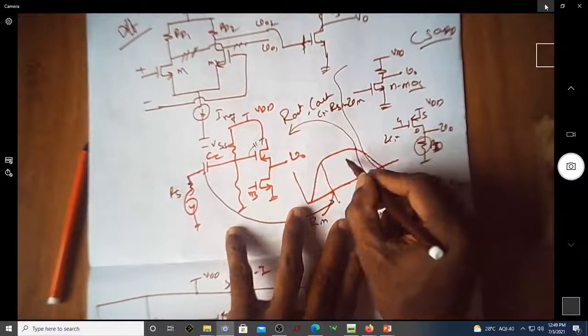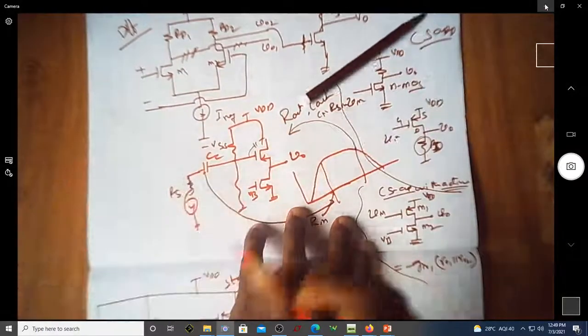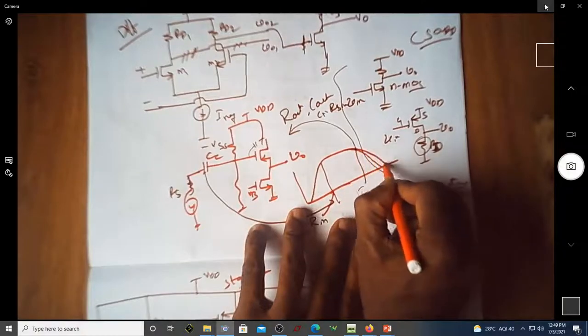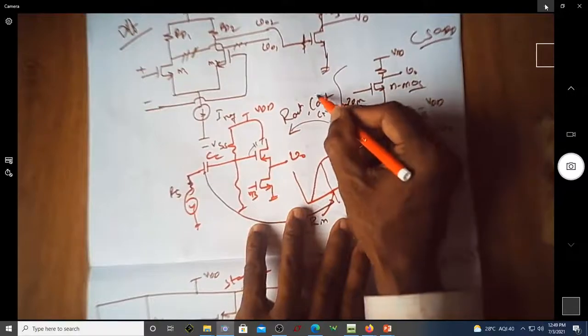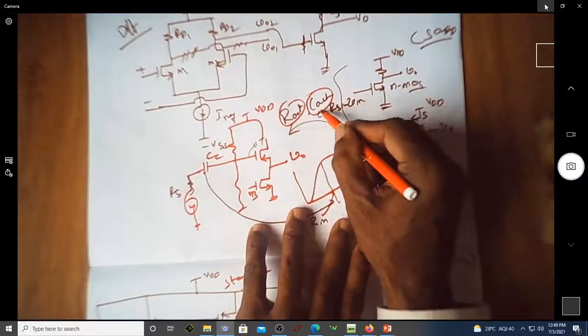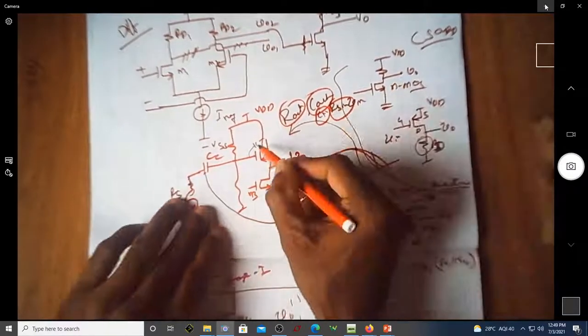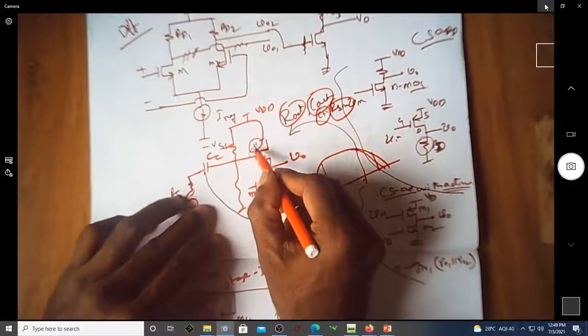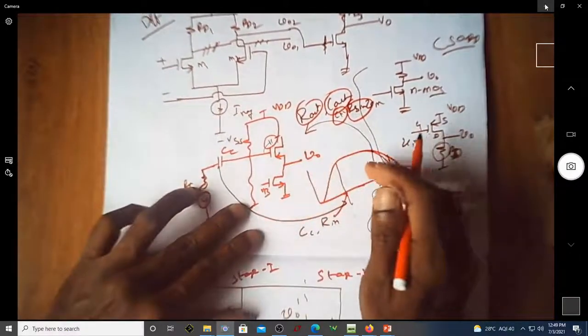So naturally at the output at higher frequencies we're certainly going to have two poles. Let me write one pole here and the other pole coming somewhere here. These two poles are due to R out and C out, and C in and R signal. When I say C in, it is actually the Miller capacitance of this feedback capacitance.